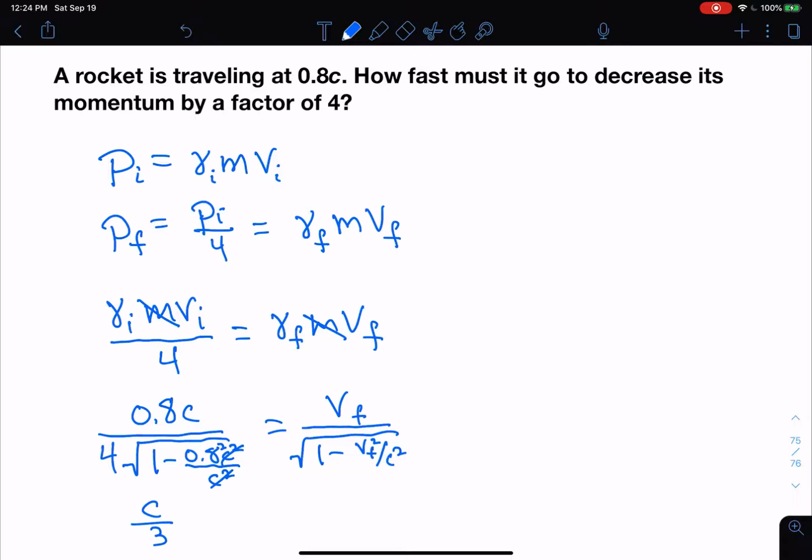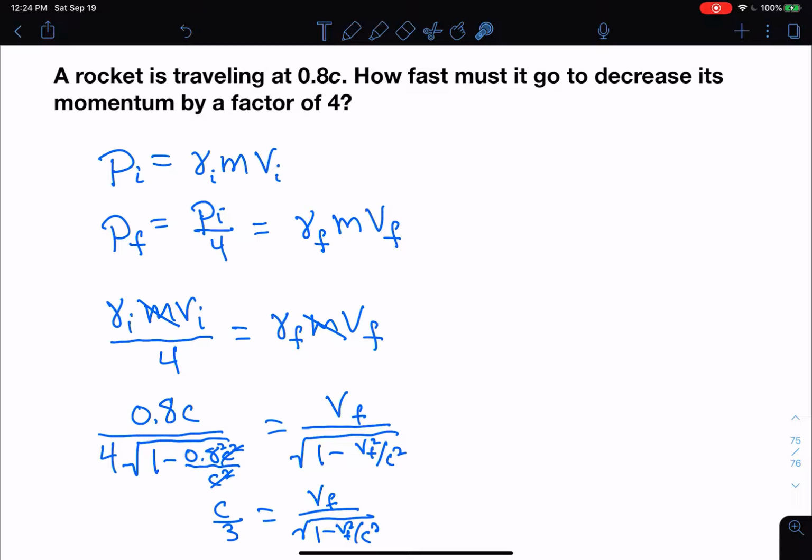So C over 3 equals V final over the square root of 1 minus V squared over C squared. Okay, so now I've got to solve for V final, and I left my subscript off there. That's what I need to get. And I've got this annoying square root.